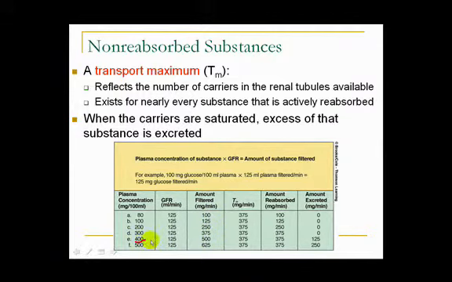But eventually, if you start to get up to 400, okay, and you filter about 500 milligrams of glucose per minute, and you can only move 375 milligrams per minute across, that means you're going to be left with some in the filtrate, 125 milligrams, or whatever you have over 375, which is your transport maximum, and that's going to be excreted and found in the urine. So finding glucose in the urine is a sign of diabetes or elevated blood glucose levels.